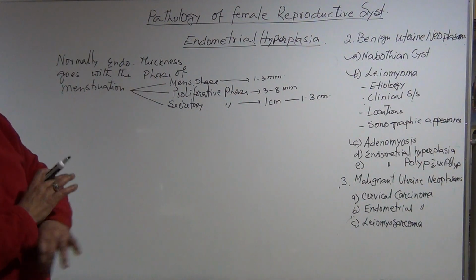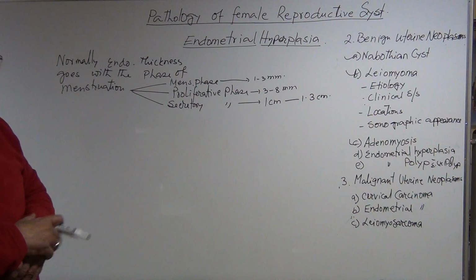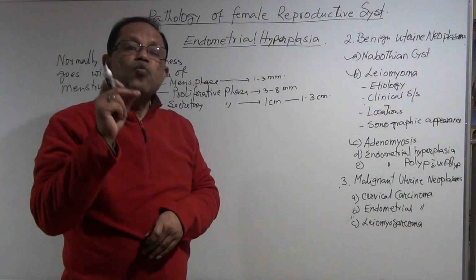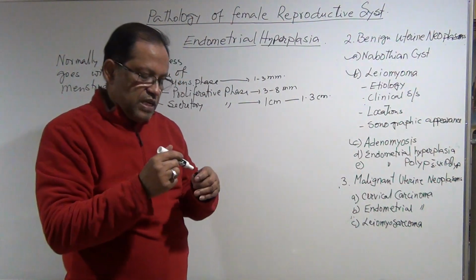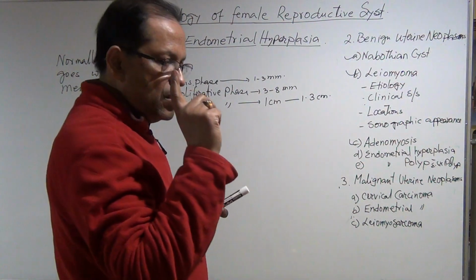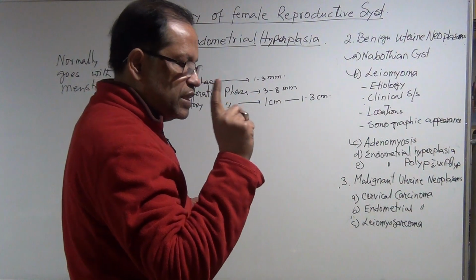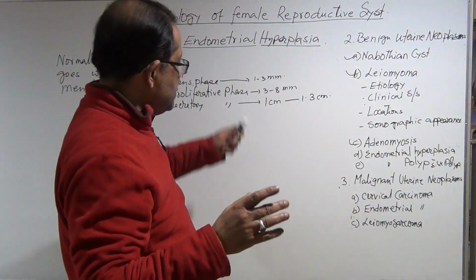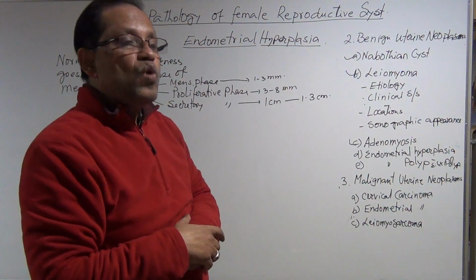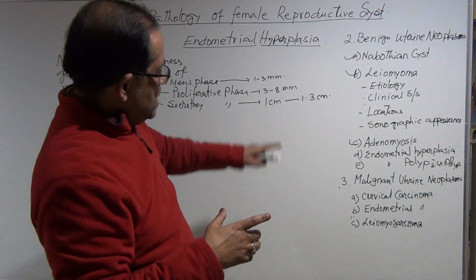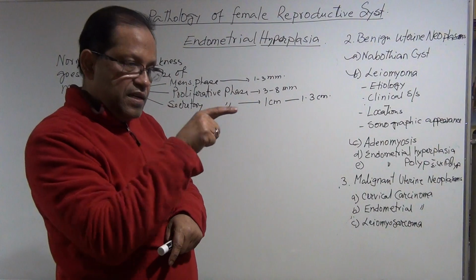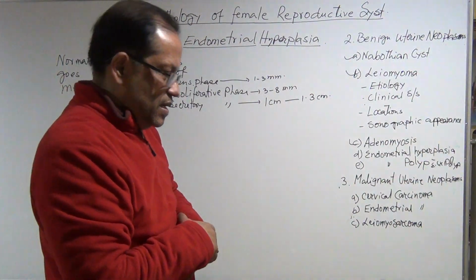I measure it and there is no problem. Even to be honest with you, I found 1.5 centimeter is normal. But in the textbook it says during the ovulation time and secretory phase should be 1 centimeter. And at that time you can see the triple line, okay?